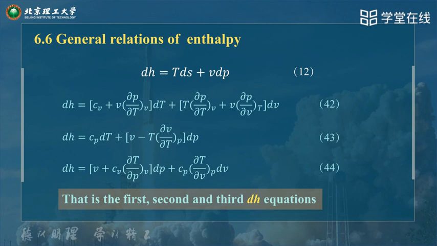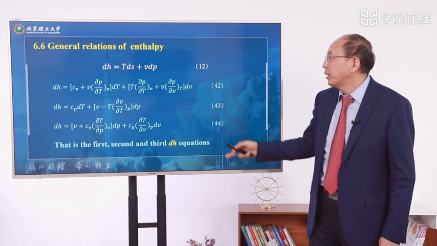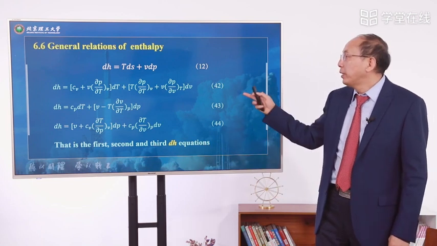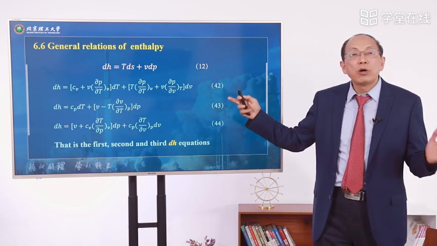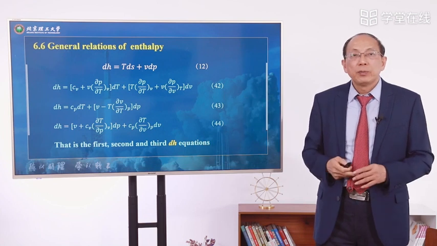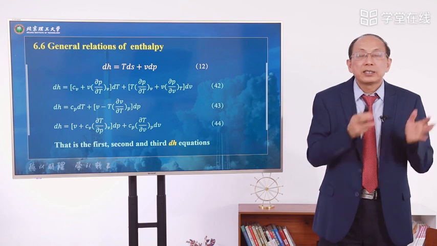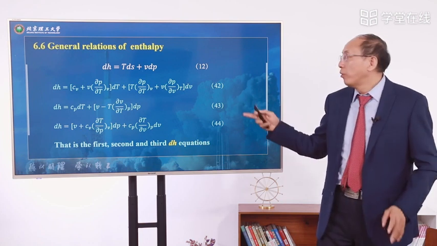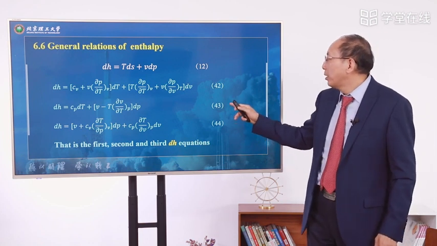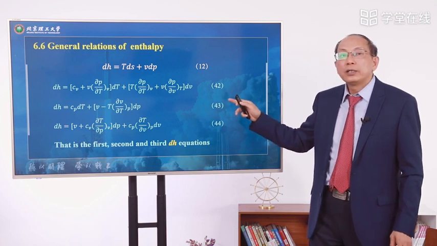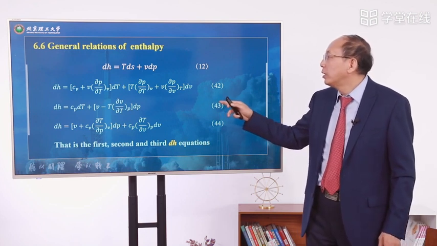1, 2, 3. Just here, maybe someone feels they are very long and complex. But for convenience, we can select the simple one. For example, maybe equation 43 is more simple.